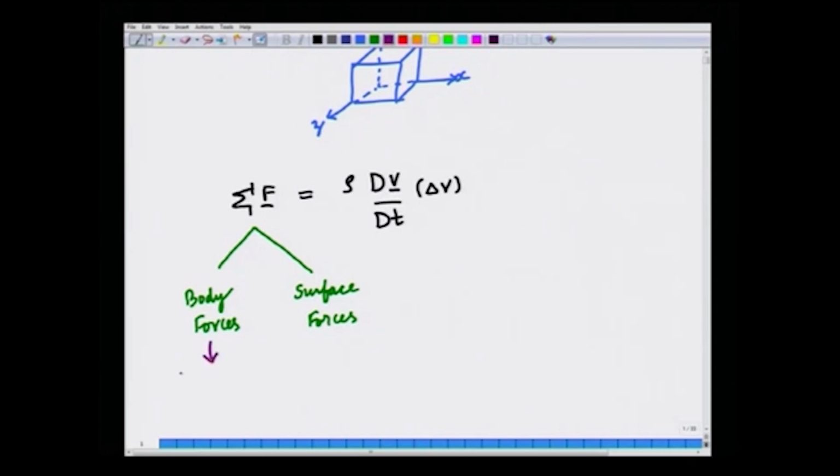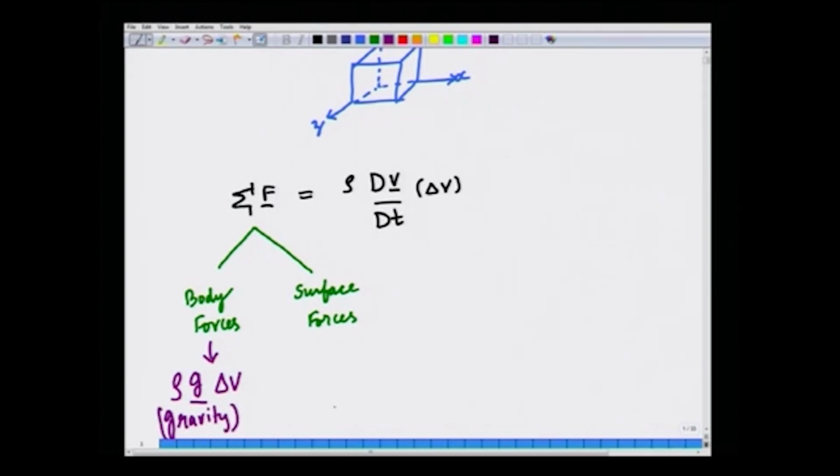Okay. So, if you have a fluid with density rho present in the control volume and the acceleration due to gravity vector is g, then the force acting on this control volume is mass times g, mg, mass is rho times the volume. So, g is acceleration due to gravity. This is the body force if the body force is due to gravity.